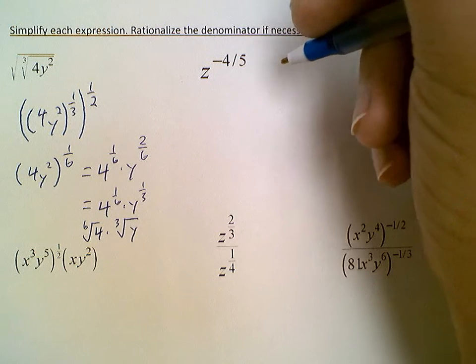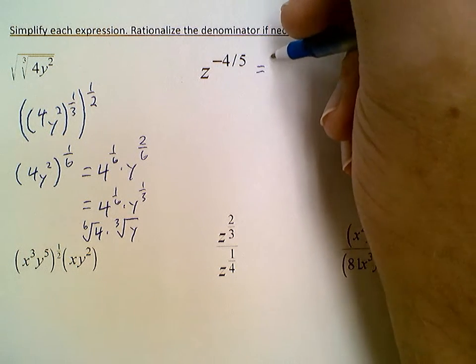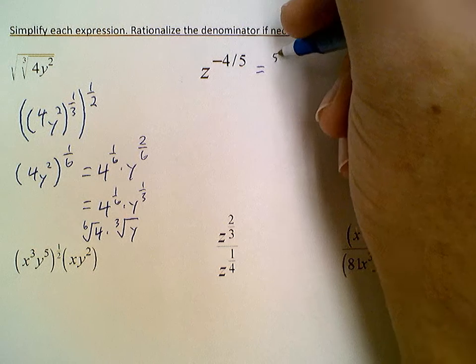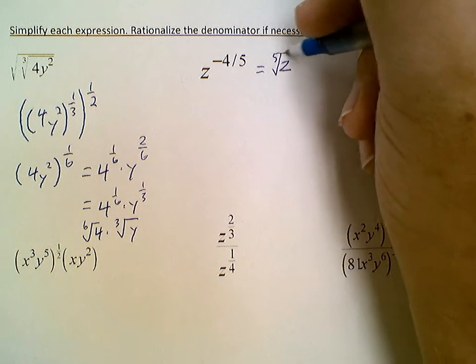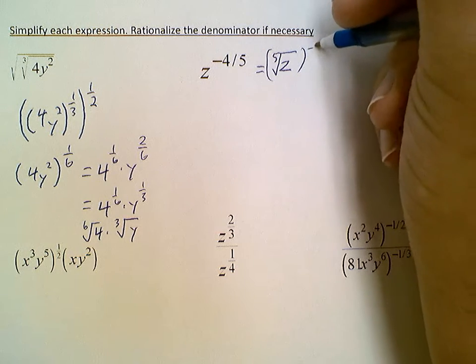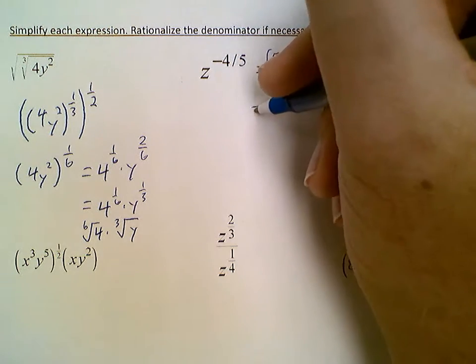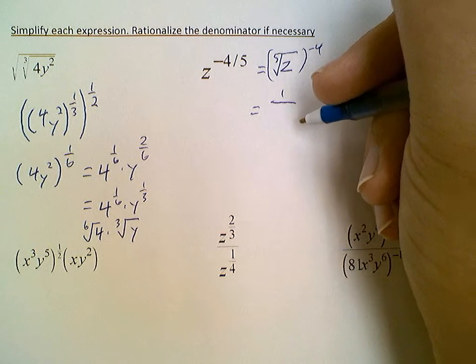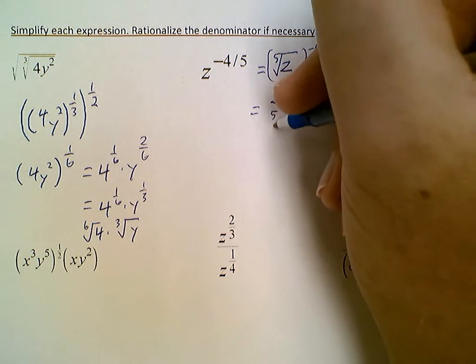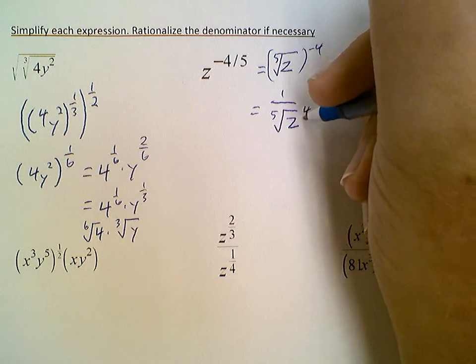So z to the -4/5 is like the 5th root of z to the -4th power. Okay, which is the same thing as 1 over the 5th root of z to the 4th power.